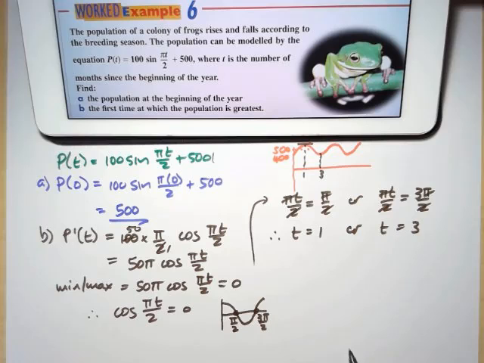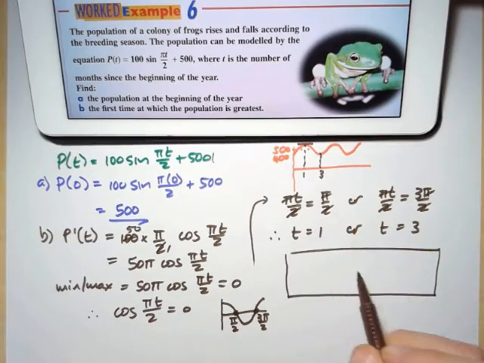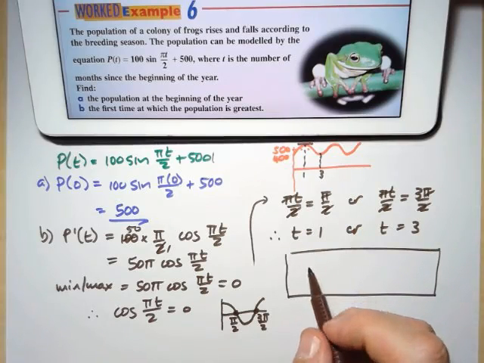I know that, but I have to show it. How do I show which one is minimum or maximum? Yes, you said it. I'm going to have my slope table, whatever you want to call it.